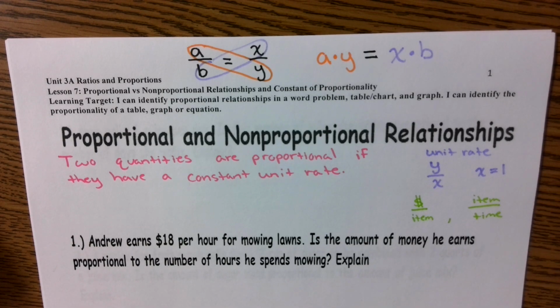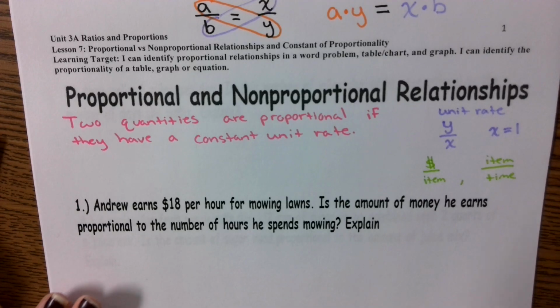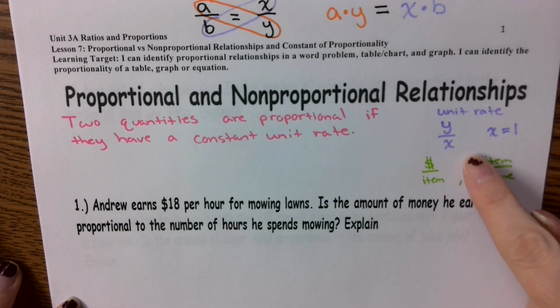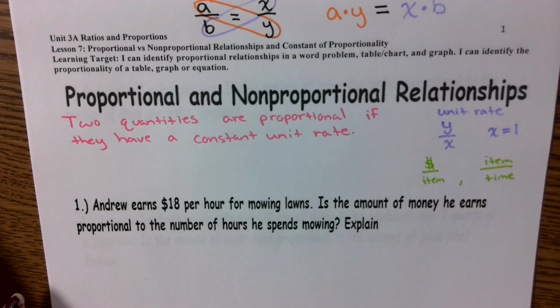So again, if we have a proportional relationship, then everywhere that we look at it, it has an identical unit rate, meaning that when we take any Y and divide it by its value of X, so that we can create X equaling 1, it will be the same for every single part. And it'll make more sense once we start looking through some examples.